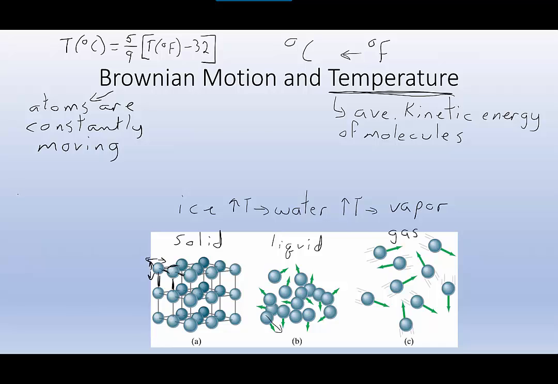So the range of what we typically deal with is from 0 degrees to 100 degrees Celsius. Fahrenheit, for that same range from the freezing of water to the boiling of water, is from 32 degrees Fahrenheit to 212 degrees Fahrenheit.